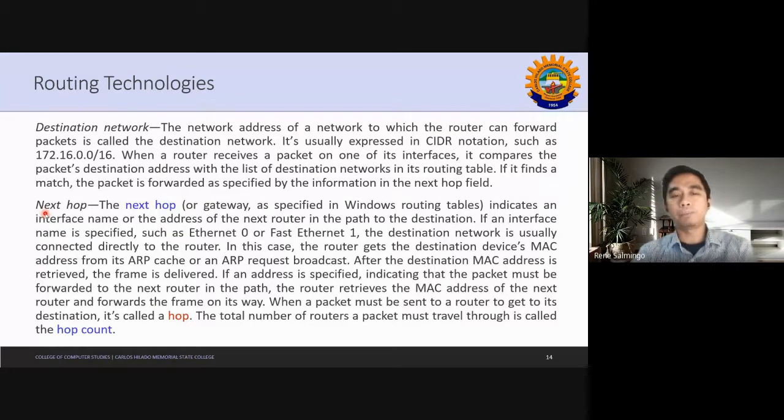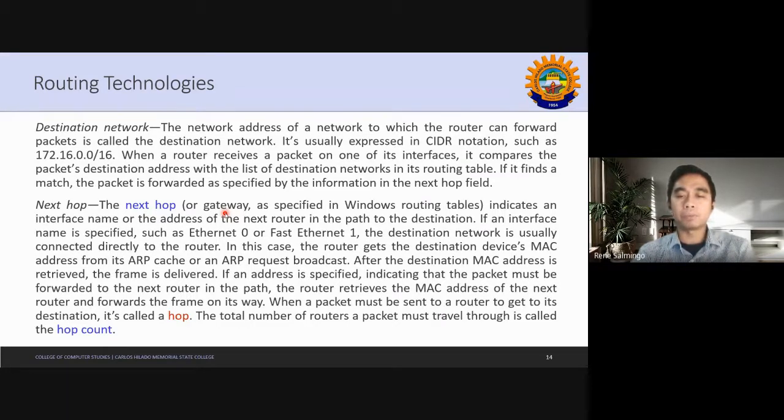The next hop is your gateway. It indicates the interface name or the address of the next router in the path to the destination. After that, the physical address is retrieved, and a frame is delivered if an address is specified. So the router retrieves the physical address of the next router and forwards the frame on its way.